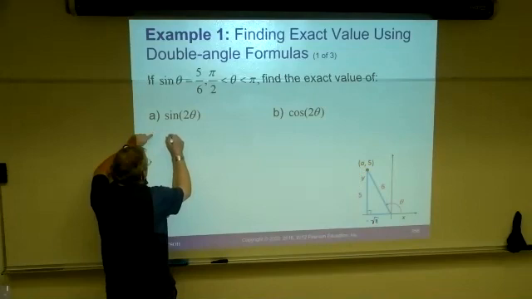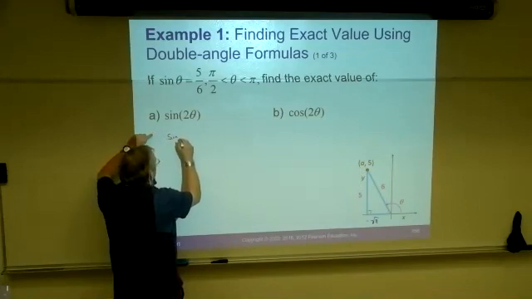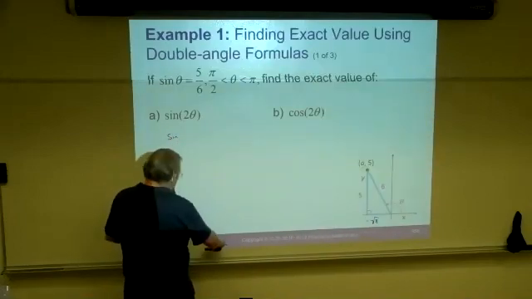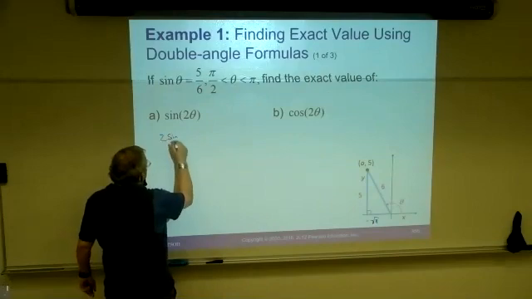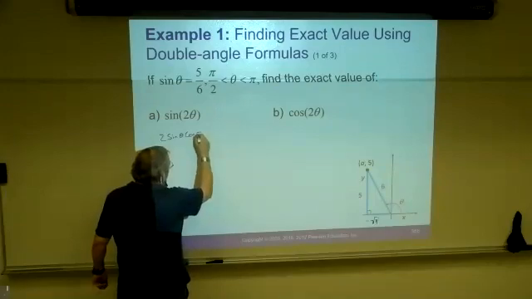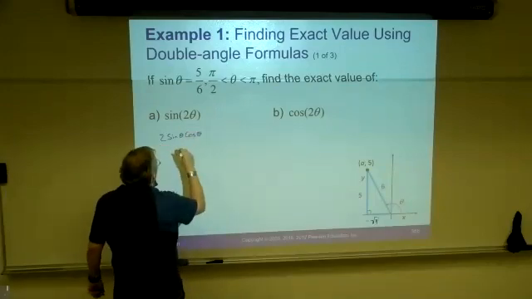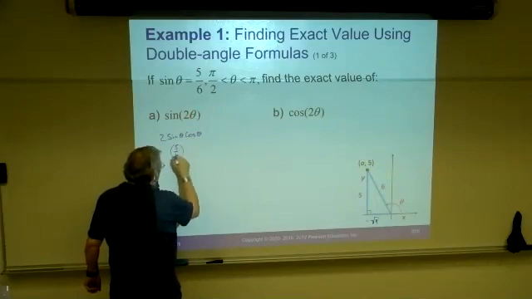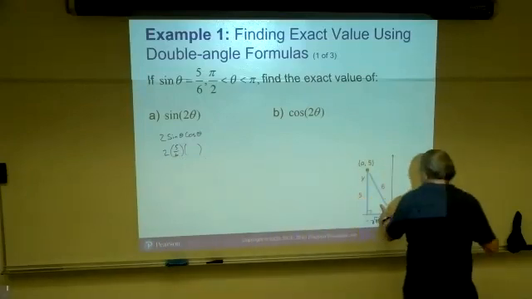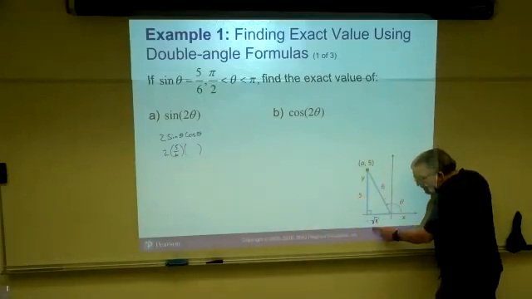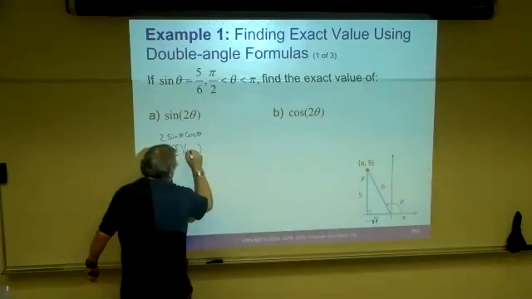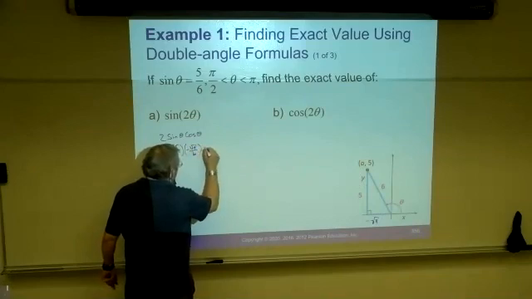So I can rewrite this as the sine. Let me recall that formula real quick. Yeah, I forgot the 2. 2 times the sine of theta times the cosine of theta. Well, I know the sine of theta is 5/6, and from what we got over here, the cosine of theta is going to be negative square root of 11 over 6.